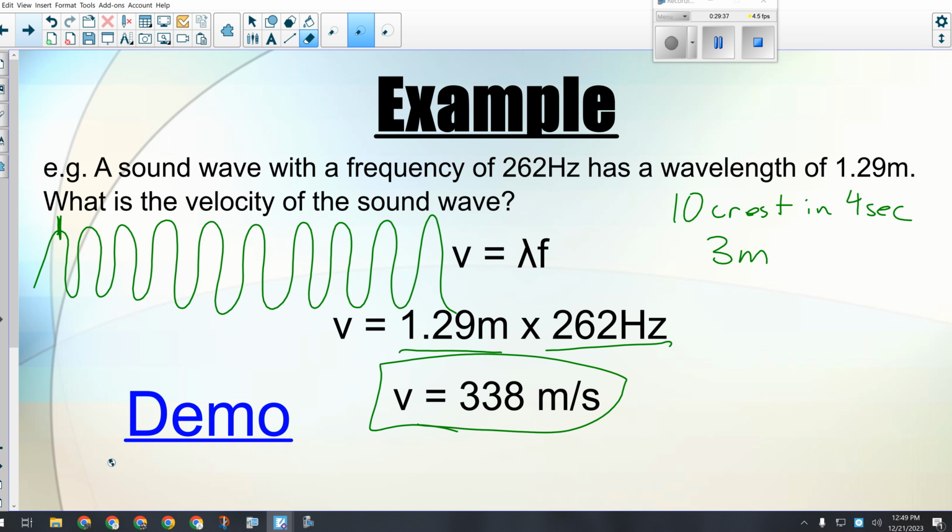So that's 1 wave, 2 waves, 3, 4, 5, 6, 7, 8, 9. There are only 9 cycles in 10 crests. The same is true if there were 10 troughs. There's always 1 less cycle than the number of crests or troughs.